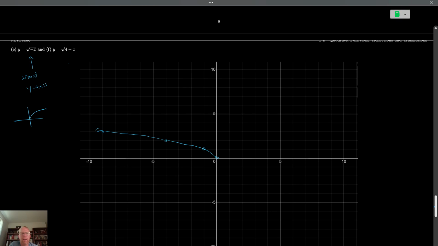Let's rewrite this: a better way to think about this is -x plus 4. What does that plus 4 do? The plus 4 moves us left. And the negative here, same as before, reflects around the y-axis. So we reflect around the y-axis, and we move left 4.